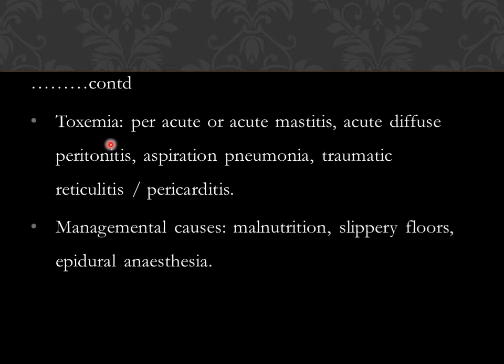If there is toxemia due to some serious infectious disease, there is toxin in the blood, it causes depression of the central nervous system and toxemia to the muscle also.